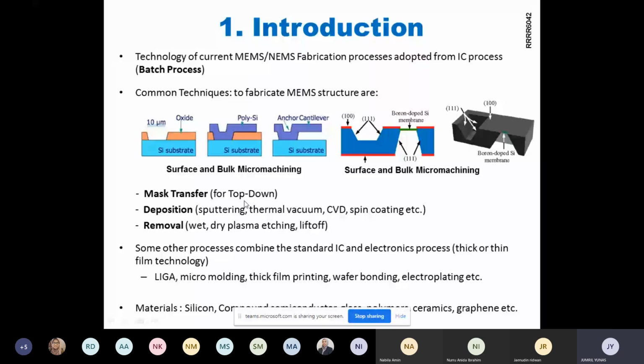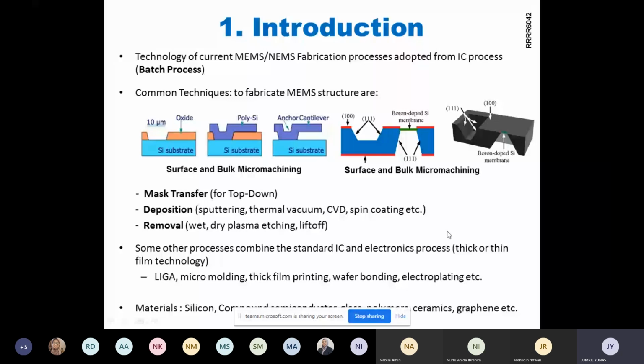That means we create the layout using CAD, and then we transfer the layout onto the substrate, and then the deposition. This is the second basic process. The deposition means creating new layer, and then the removal, the removal of the unwanted material.